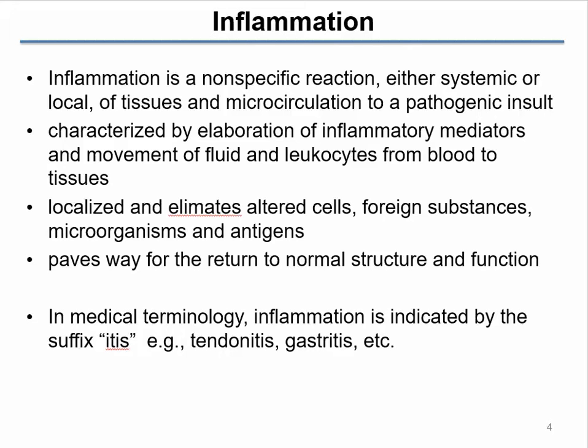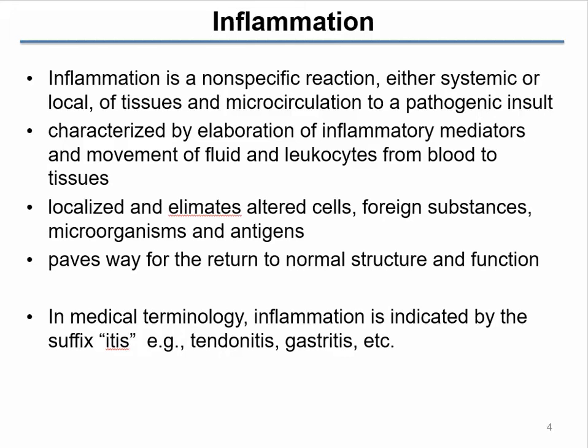Now we know that the suffix itis means inflammation, and it's probably one of the most common suffixes that we use because inflammation is so nonspecific. It's everywhere. So we tend to just use itis to describe the body part being inflamed.